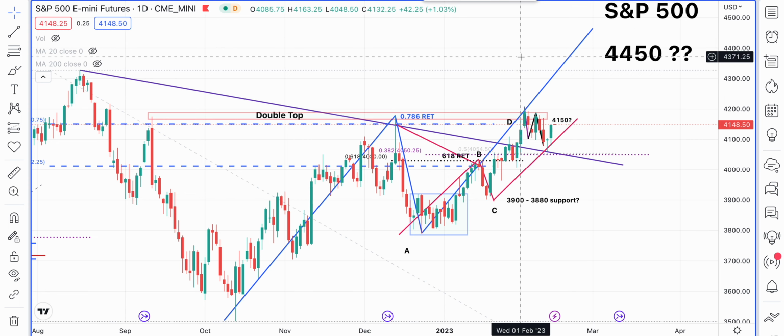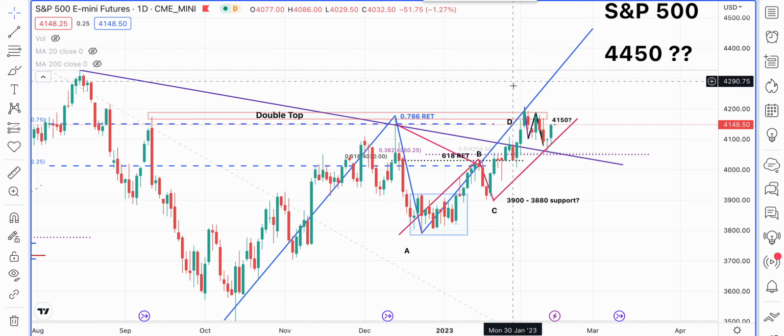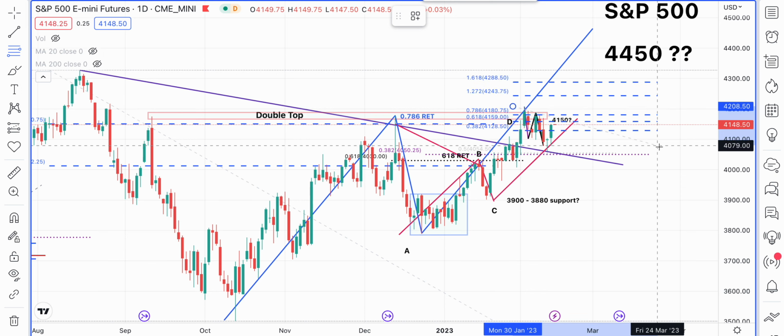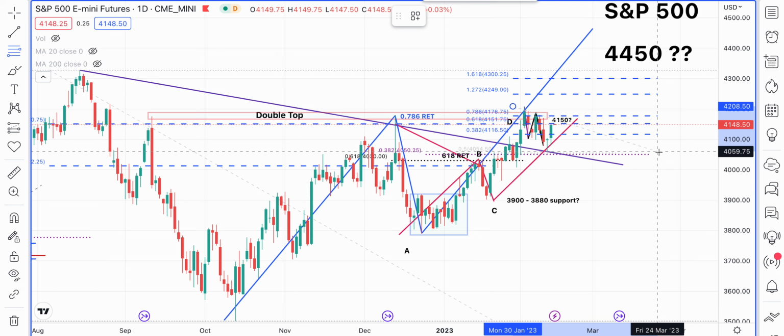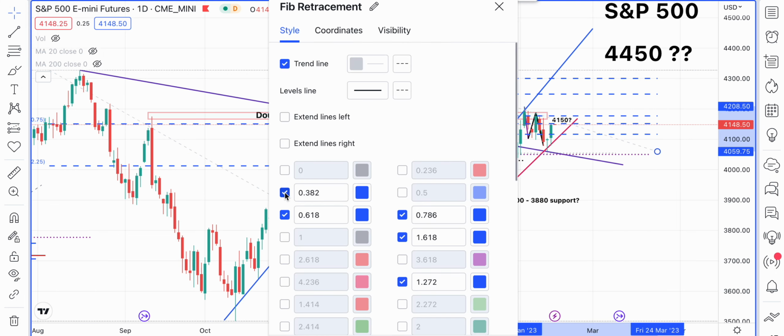We do have some timing work coming in this week from the 17th of February going into the 23rd of February, and we should also look at another few targets on the upside, which could perhaps provide some sort of resistance.